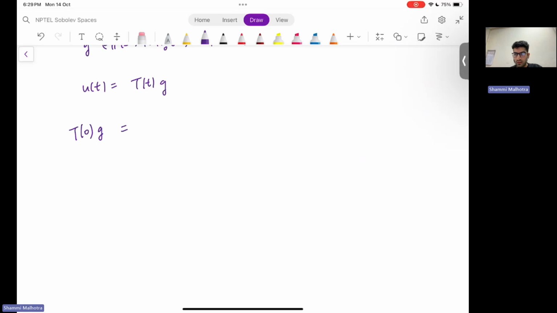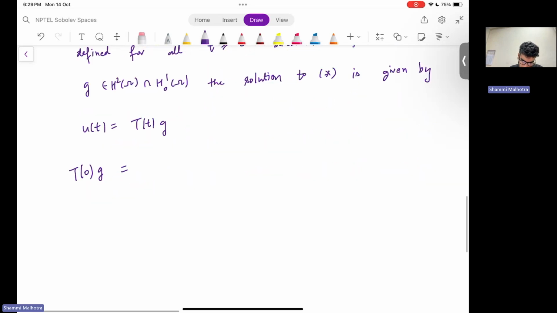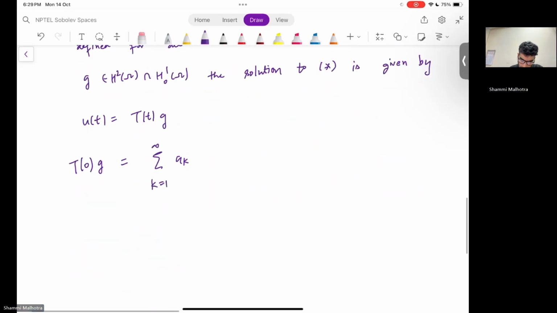This a_k is where our g is playing the role. So this is summation k from 1 to infinity a_k phi_k(x).